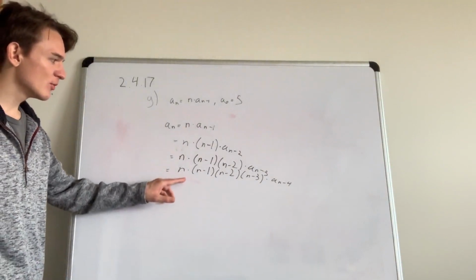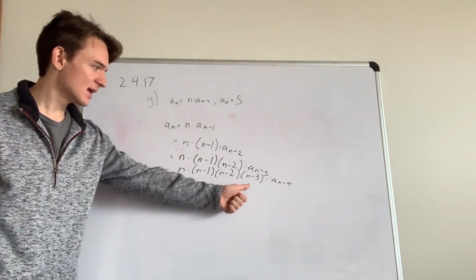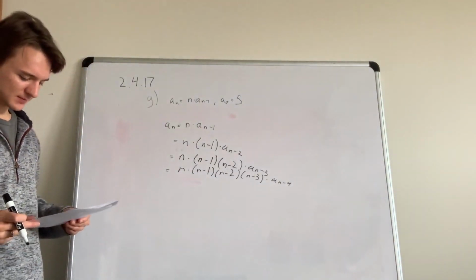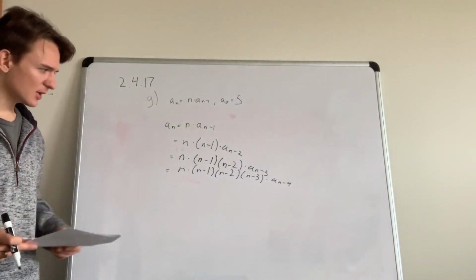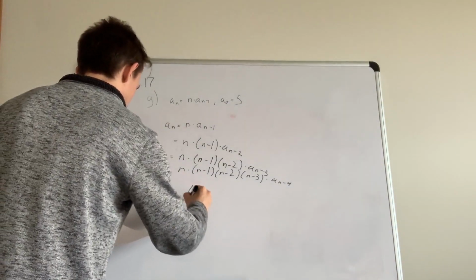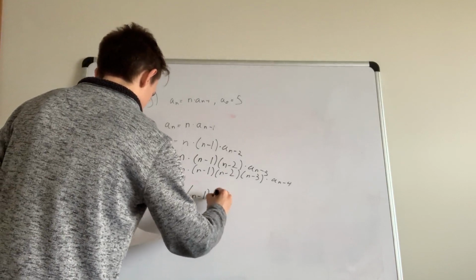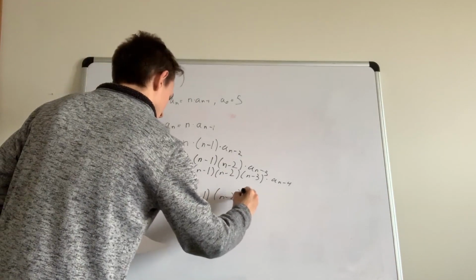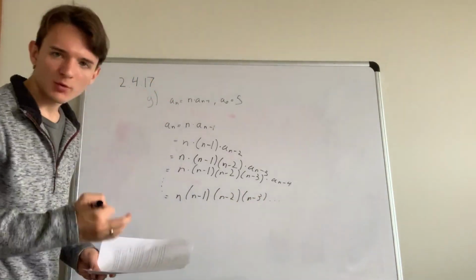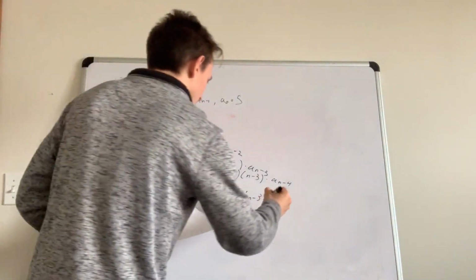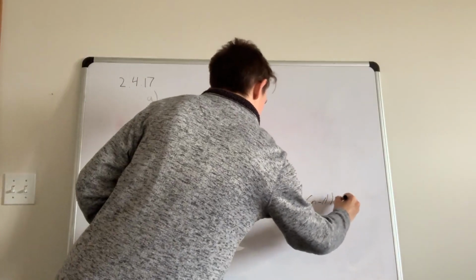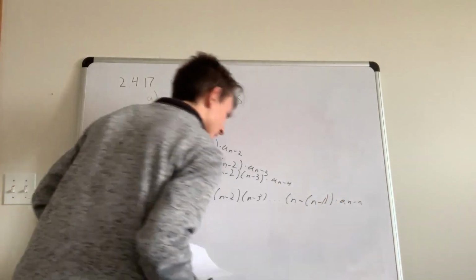We just continue to multiply by the next lower term every time. So what is that going to look like? We get n times n minus 1 times n minus 2 times n minus 3, and we continue to multiply all the way down to a of n minus n.